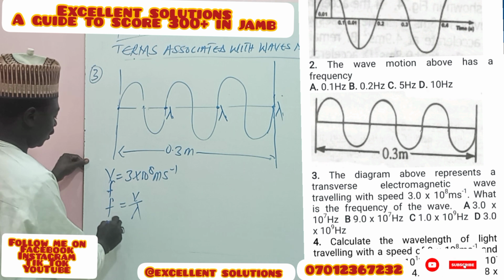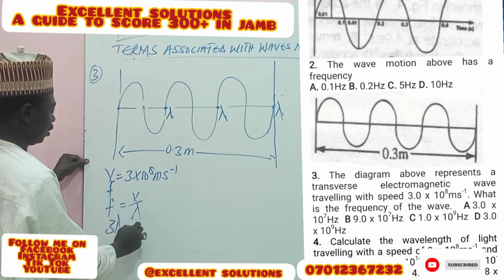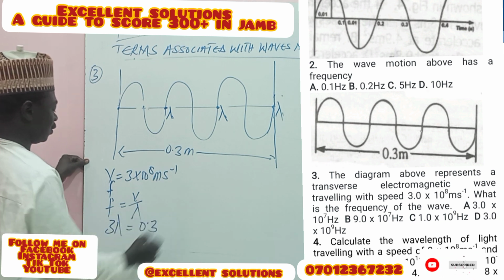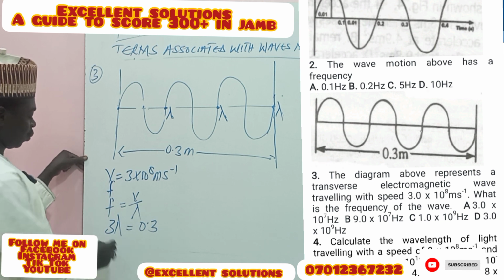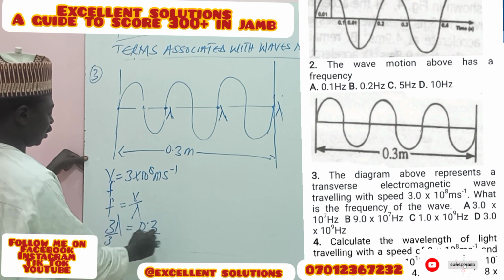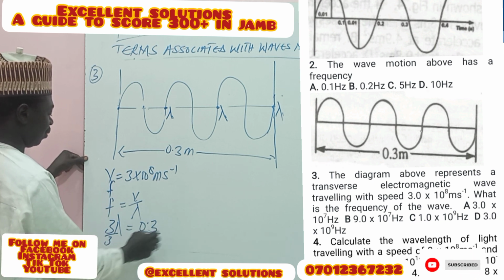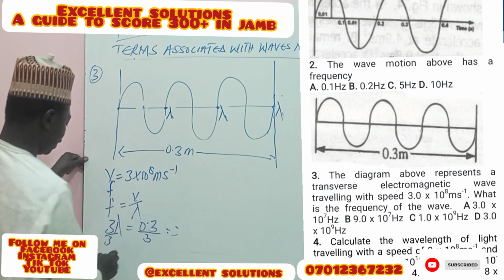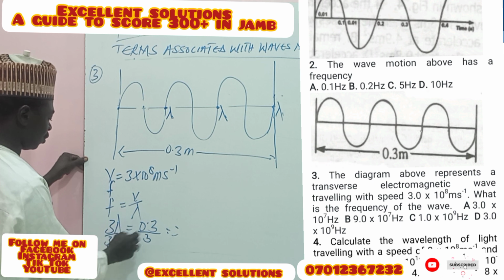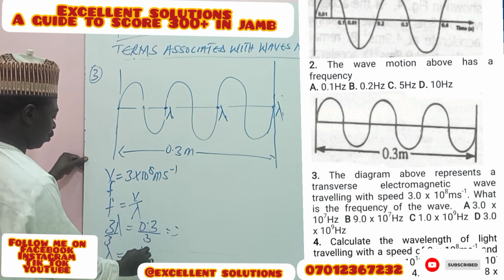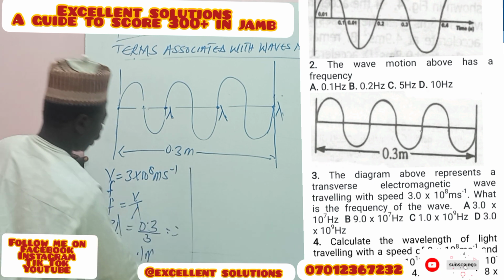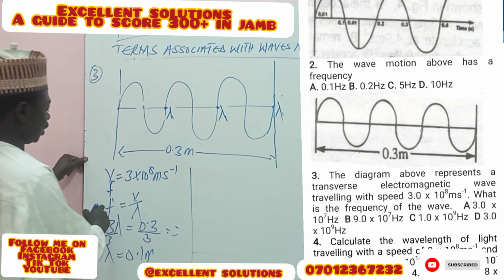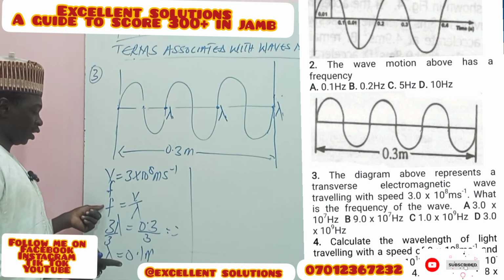So we now have 3 lambda equals 0.3. Therefore, if we divide this by 3, we are going to have lambda equal to 0.1 meters.